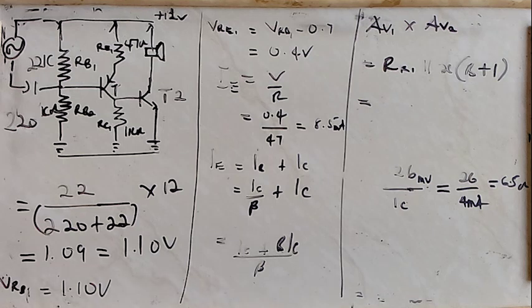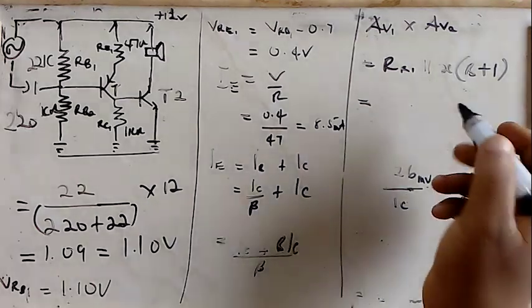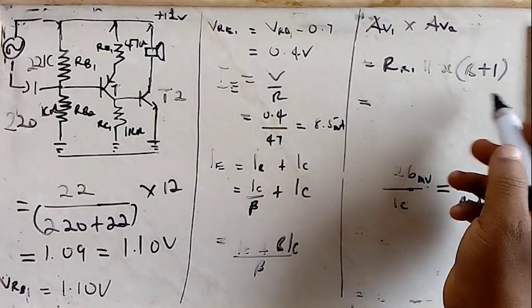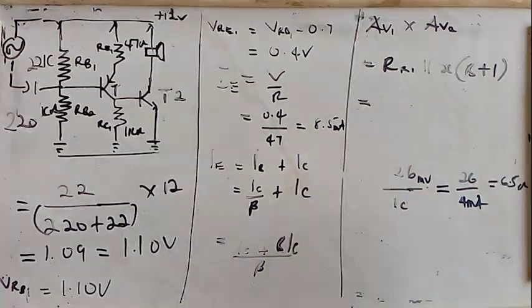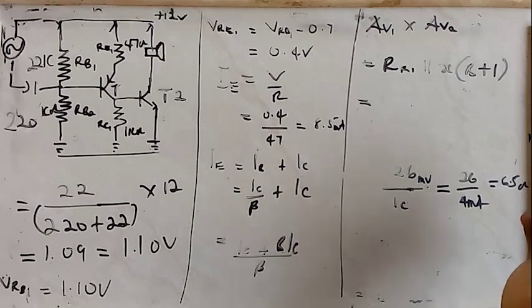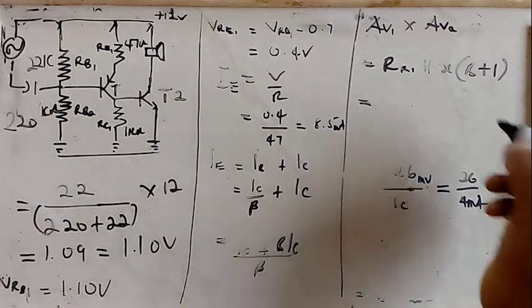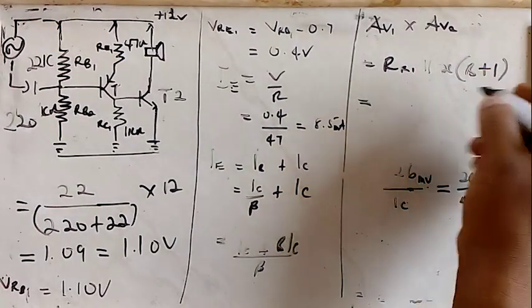So if you multiply this 6.5 ohms by the beta, which we have assumed to be 100, it means we have 6.5 ohms by 101. It means this side has become like 650. I'm doing these calculations off my head. It will be at 650 our R.